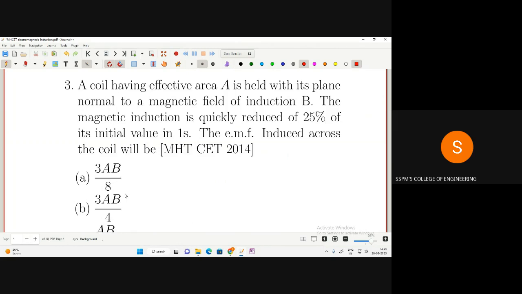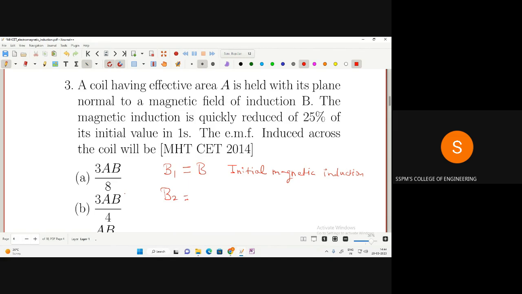The same type of example is given, but instead of the current, the change of magnetic induction is given. So let us consider the initial magnetic induction B1 equal to B, and the final magnetic induction is changing.